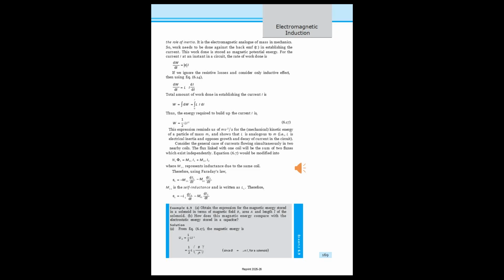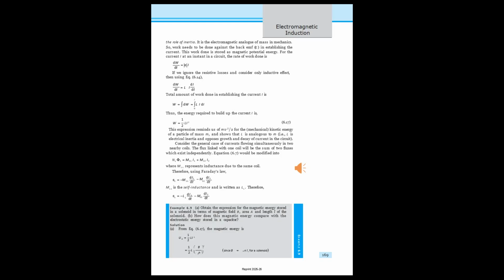So, work needs to be done against the back EMF, epsilon, in establishing the current. This work done is stored as magnetic potential energy. For the current I at an instant in a circuit, the rate of work done is as given below. If we ignore the resistive losses and consider only inductive effect, then using equation 6.14, the rate of work done is as given below.